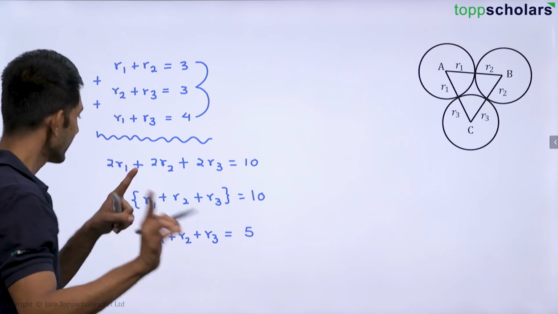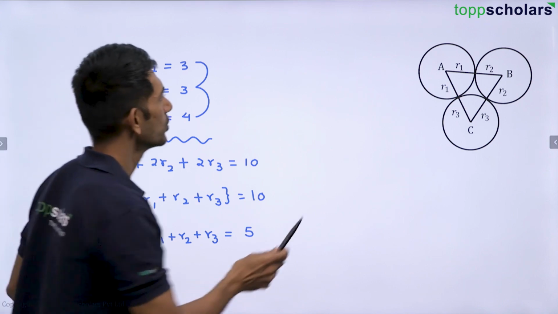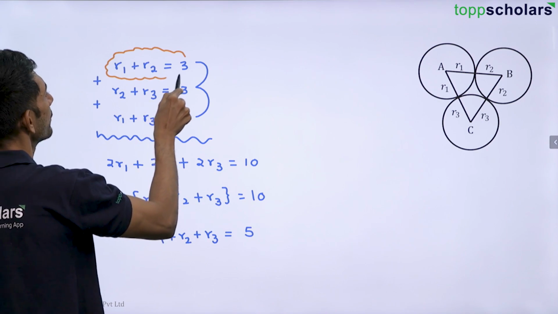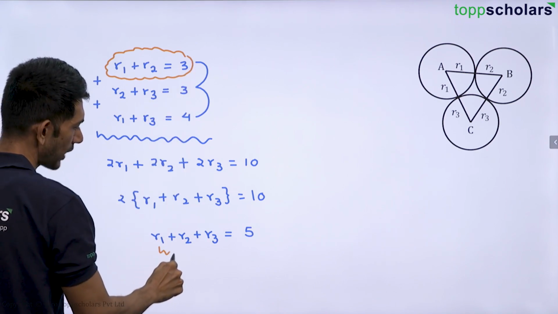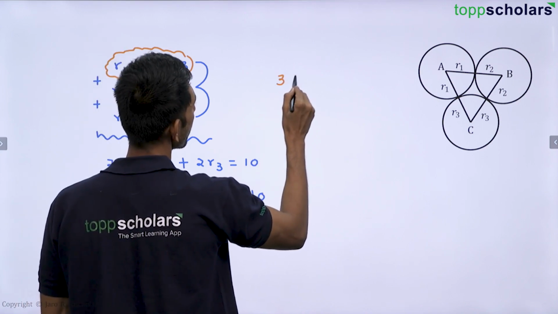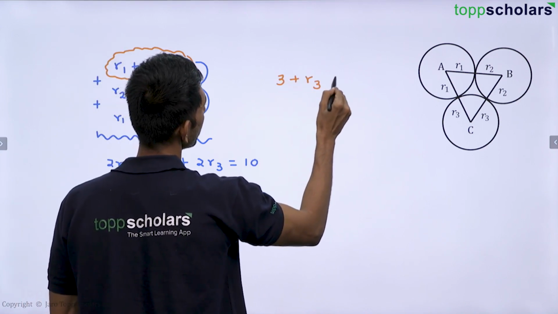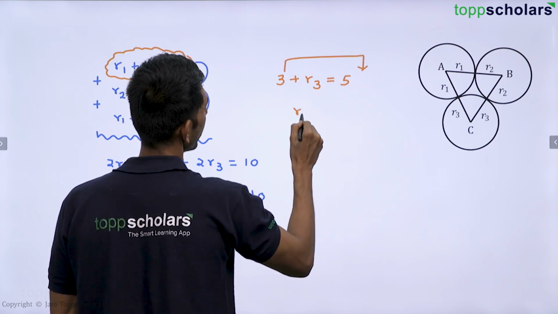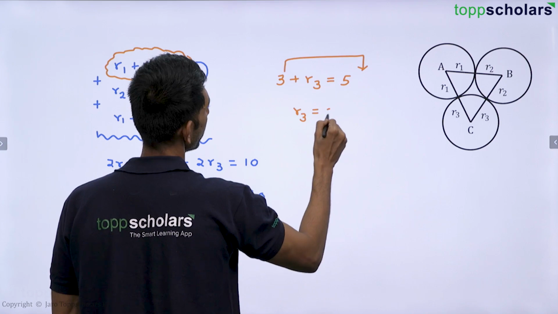Okay. Now understand. You already have R1 plus R2 here, 3. So what if I put R1 plus R2 as 3? So can I say 3 plus R3 is 5. So 3 goes on the other side. So I get R3 is equal to 5 minus 3, that is 2.